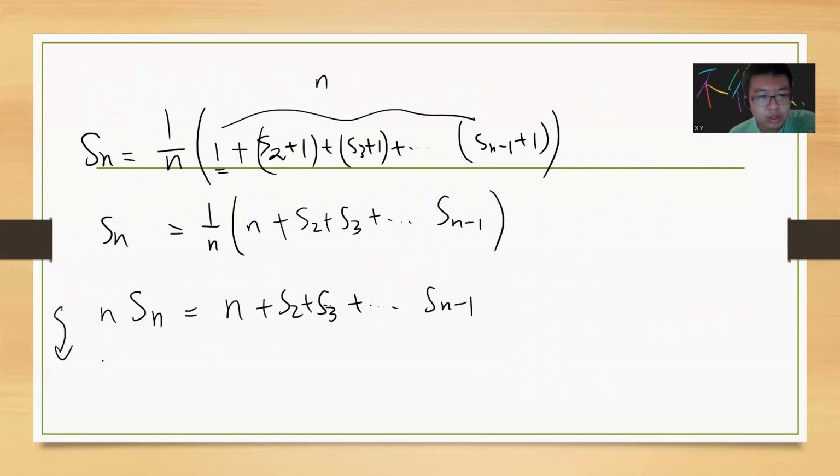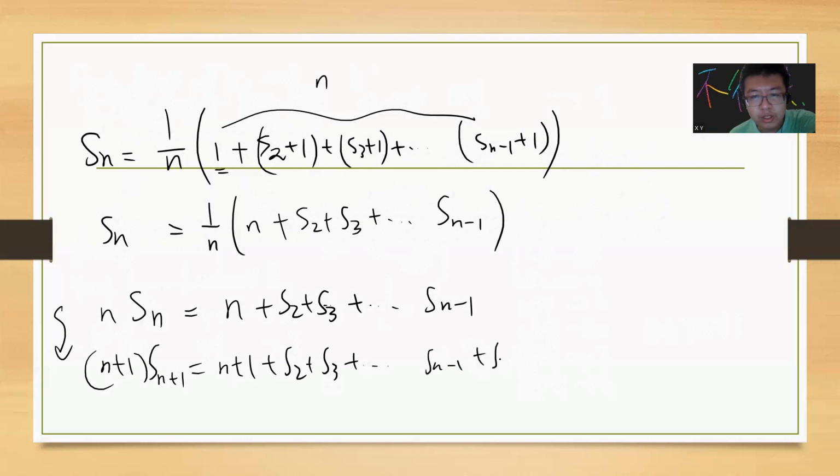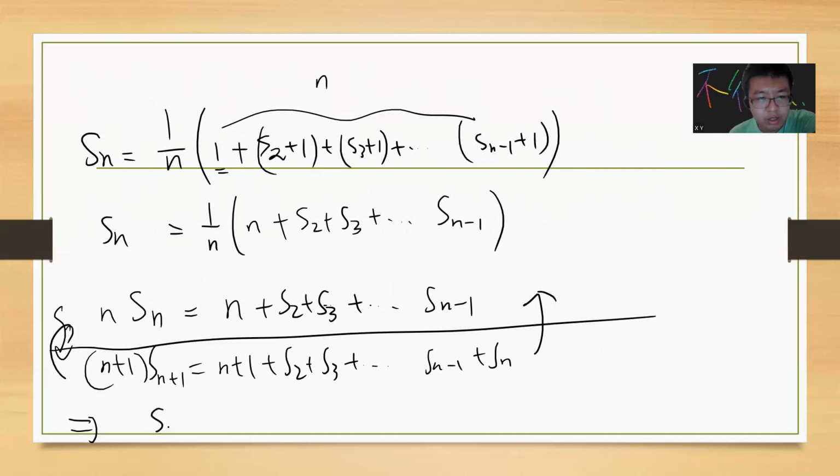Okay, so for n plus 1, n plus 1 Sn plus 1 equals n plus 1 plus S2 plus S3 up to Sn minus 1 plus Sn. Then you just use this equation minus the previous one. So you get n plus 1 Sn plus 1 minus n Sn equals 1 plus Sn.